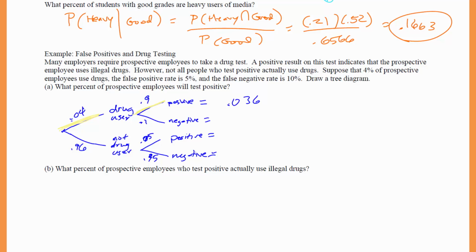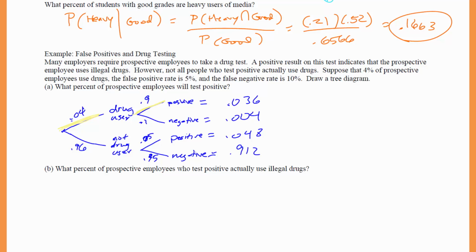Similarly, the probability that somebody is a drug user and tests negative will be 0.04 times 0.1. You multiply along those branches of the tree, get 0.004. Probability that somebody is not a drug user and tests positive is 0.048. The probability that somebody is not a drug user and tests negative is 0.912. That's the biggest category of all of your people.